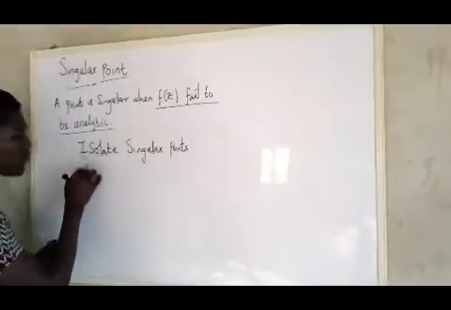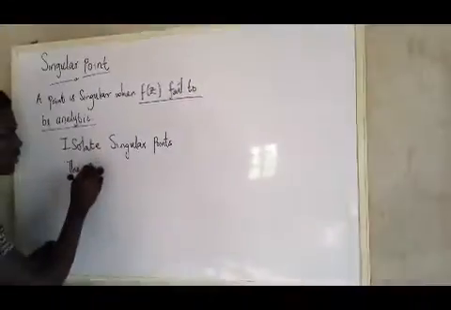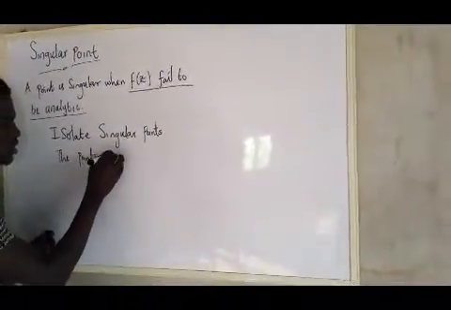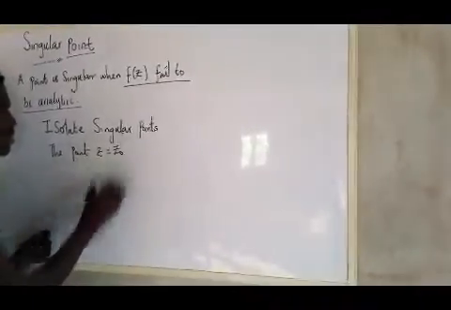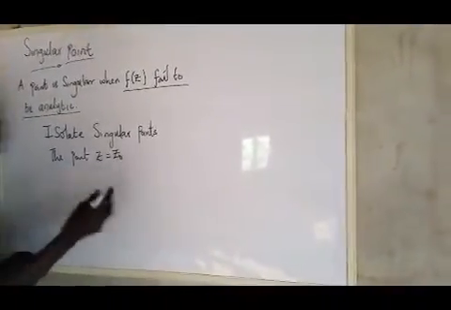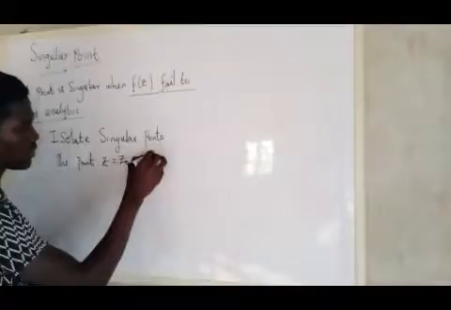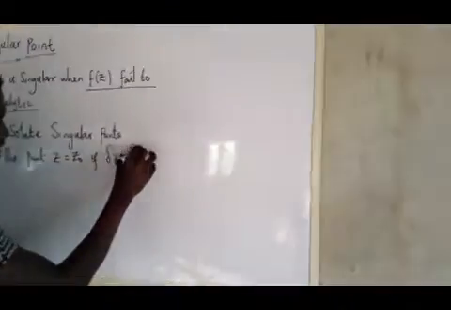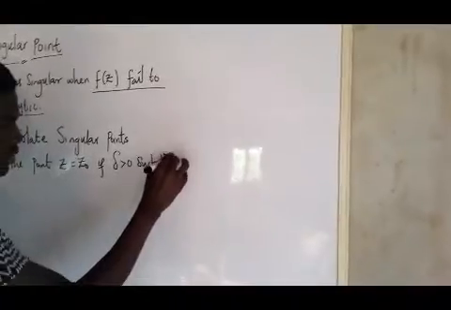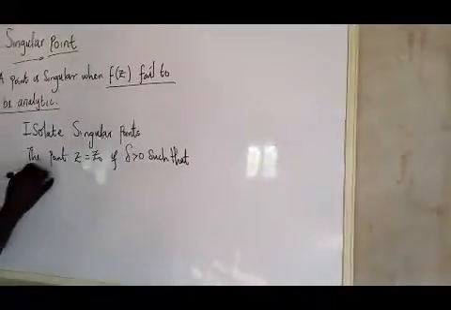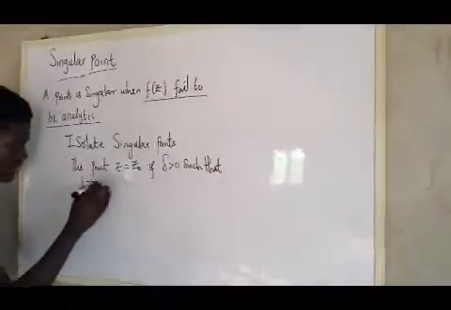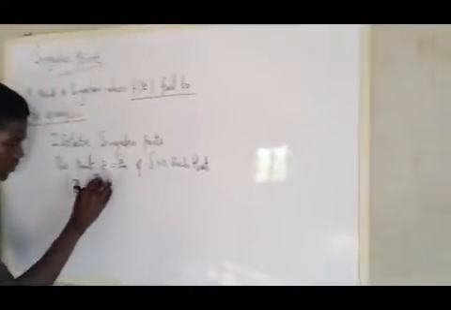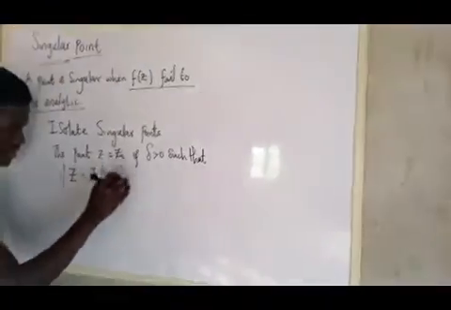So you see the point z equals z naught is said to be a singular point if there is delta greater than 0 such that the absolute value of z minus z naught is less than delta.